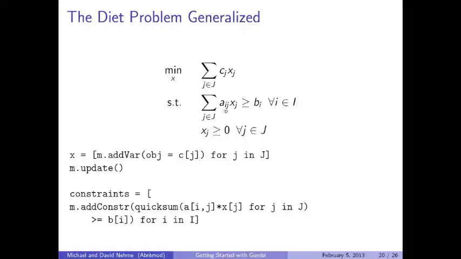So Aij xj gives me food type j's contribution to nutrient i. Summing that contribution over all 5 food types, or all food types j, is going to give me the total number of units of nutrient i that I actually consume. And that total has to be greater than or equal to bi, which is the minimum requirement for nutrient i.